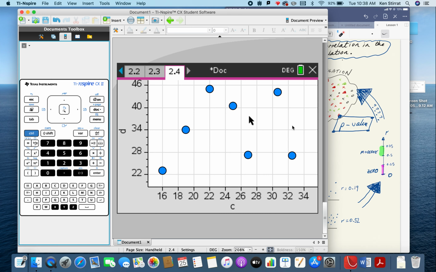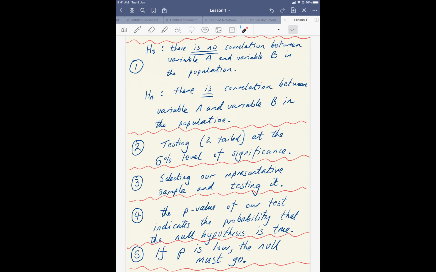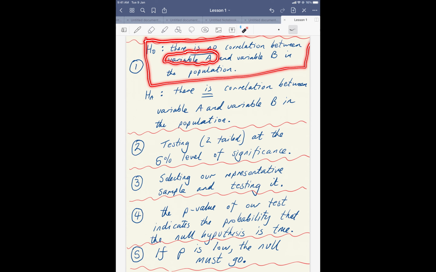A little summary of all those steps is here. So notice this is for testing for an association or correlation in a population. So the null would always be like this. Of course, for the variables that you're testing for, whatever you're collecting data on, you would replace the actual names here.